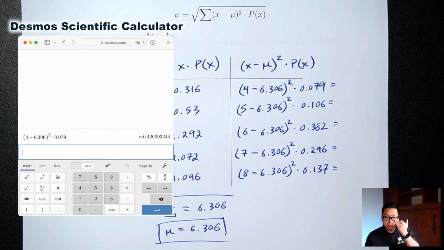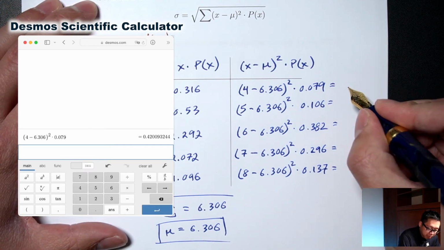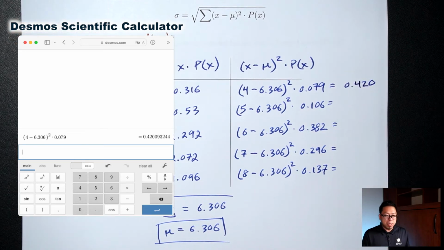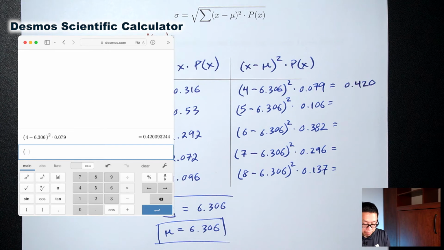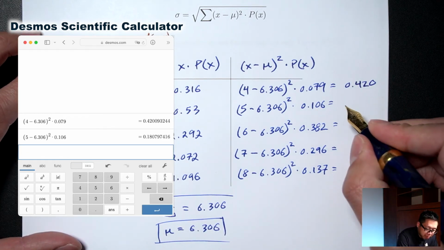These are long decimals, so round to 3 decimal places: 0.420. In the real world, to be accurate, you would use more decimals, but for this class, let's agree to round everything to 3 decimal places. Next up will be 5 minus 6.306, close parentheses, square it, don't forget the square, times 0.106. And this is 0.181.